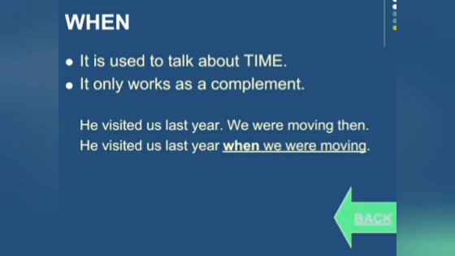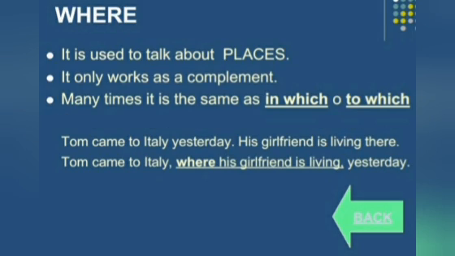Okay. Next we have where. It is used to talk about places and it only works as a complement. Take for example, Tom came to Italy yesterday. His girlfriend is living there.